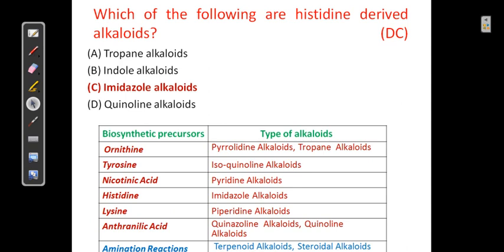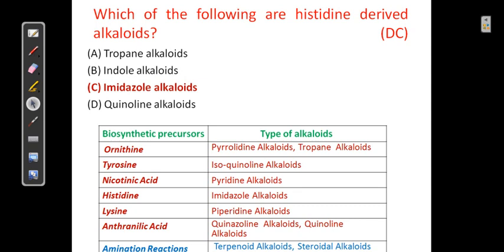Which of the following are histidine derived alkaloids? Alkaloids are derived from amino acids. True alkaloids and pseudo alkaloids both have a heterocyclic ring system with a nitrogen atom and they are derived from amino acids.